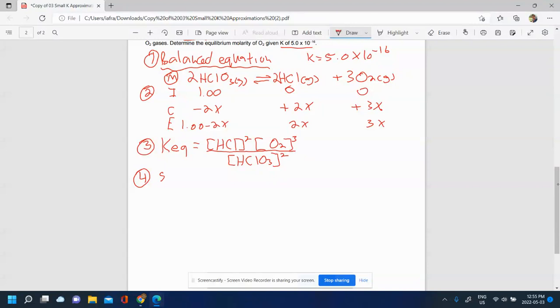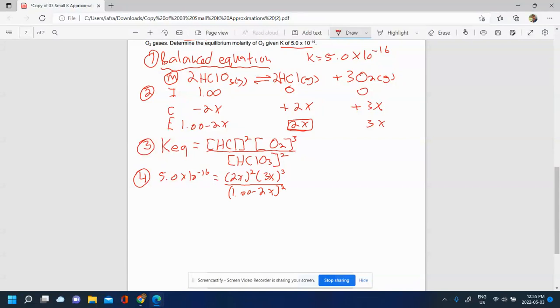So we have 5.0 times 10 to the power of negative 16 is equal to 2x squared times 3x cubed. Make sure you put the correct value into the correct concentration, because they have different exponents in this case, over 1.00 minus 2x, and that's squared.